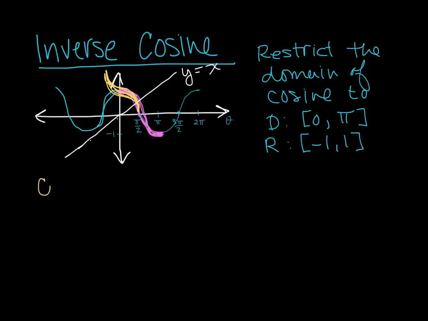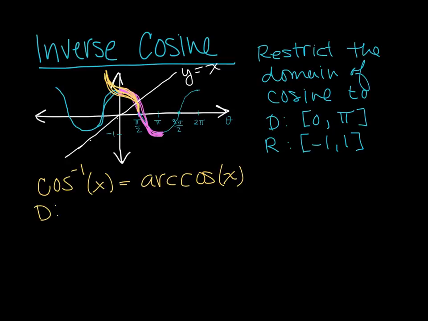And so inverse cosine, so cosine inverse of x, which can also be written as arc cosine of x, has a domain. So again, we just interchange the domain and range of the cosine piece.